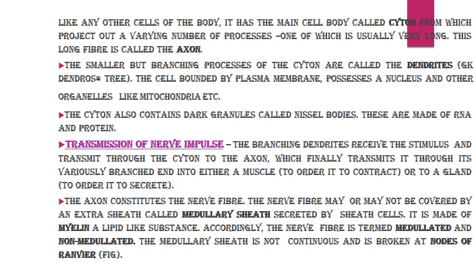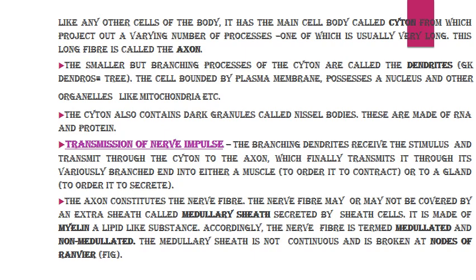Dendrites means trees in Greek. The cell bounded by plasma membrane possesses a nucleus and other organelles like mitochondria, etc. The cyton also contains dark granules called Nissl bodies. These are made of RNA and proteins.